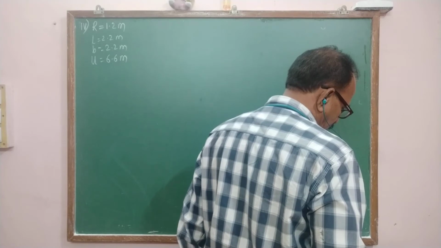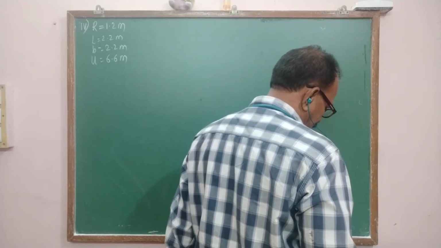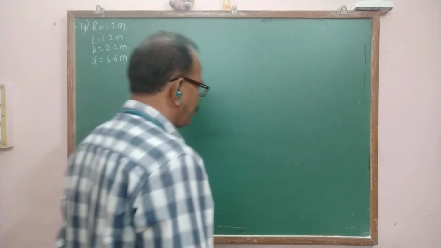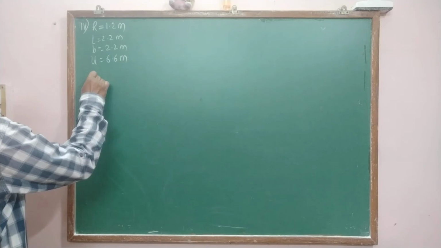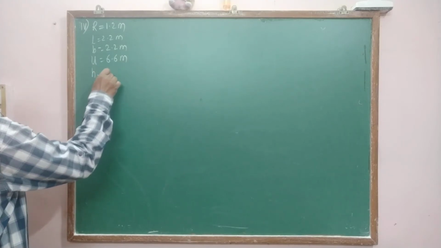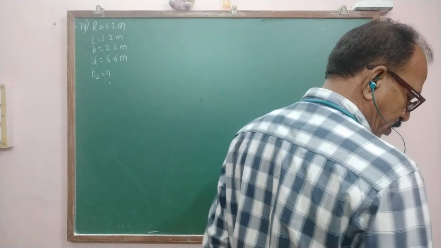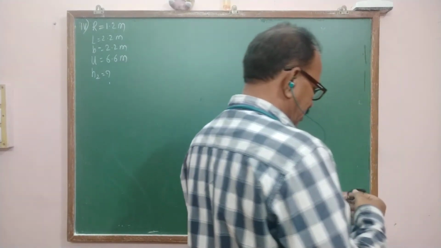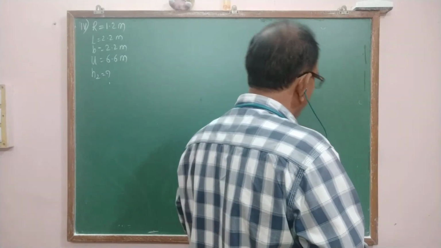Then estimate the image size. That means we have to find out the image size, S2 we have to find out. Here also we have to draw the diagram like this. The mirror is a convex mirror.